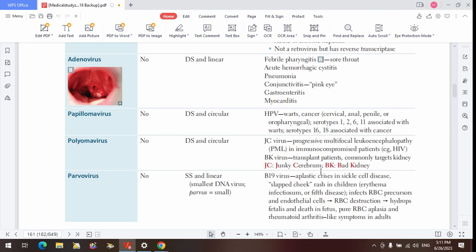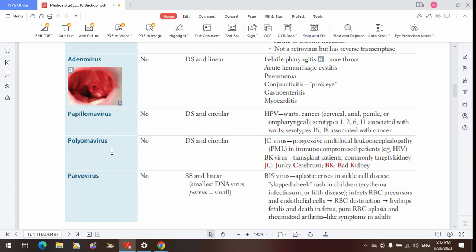It affects newly transplanted kidneys, and they can present with hematuria as well as a rise in the urea and creatinine level. Don't forget: BK, kidney transplant patient; JC, immunosuppressed, natalizumab, parietal lobe, occipital lobe.